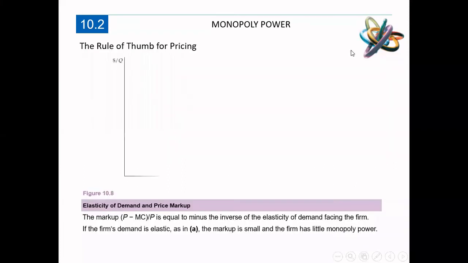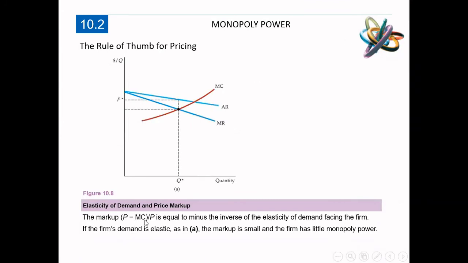So the rule of thumb for pricing, we have just explained before, the markup. If you remember, the markup is price minus the marginal cost over the price, and the markup is equal to the inverse of the elasticity, and this is the power that we have, the rule of thumb for pricing. If you look here, we have marginal revenue intersecting with the marginal cost.